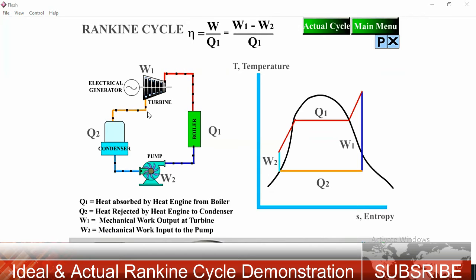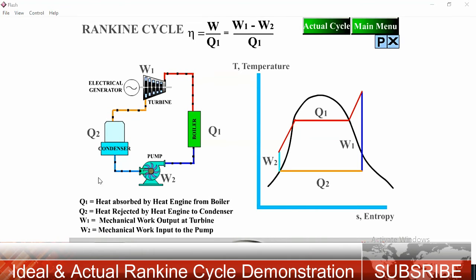State 2 is in the wet vapor state and the dryness fraction is kept more than 0.8, because the lesser the dryness fraction, the more the coefficient of friction, leading to lesser efficiency. Moisture content also causes rusting of the turbine blades.